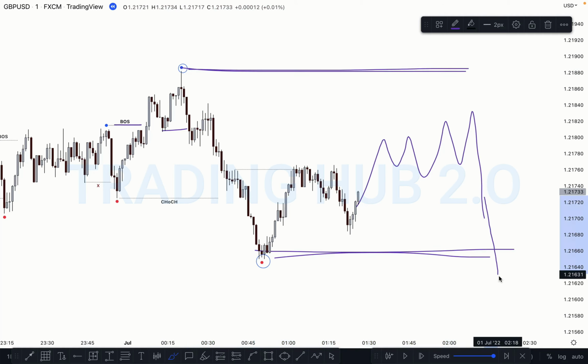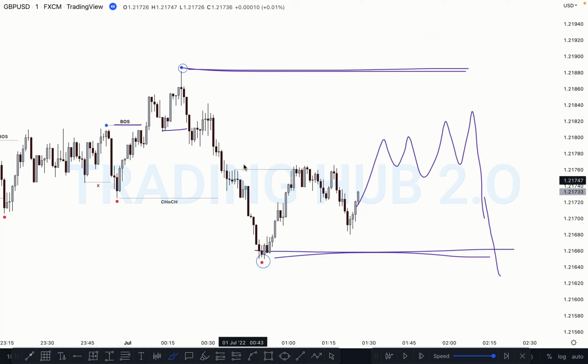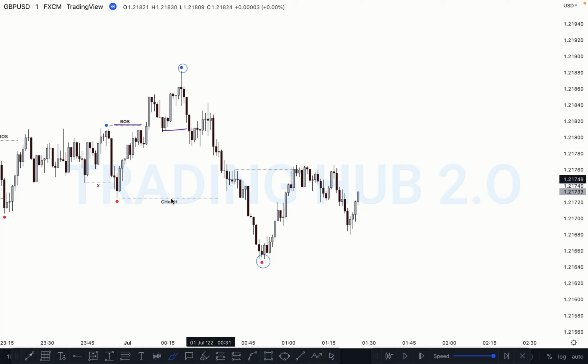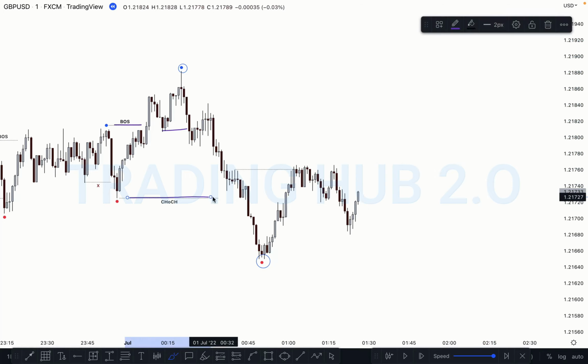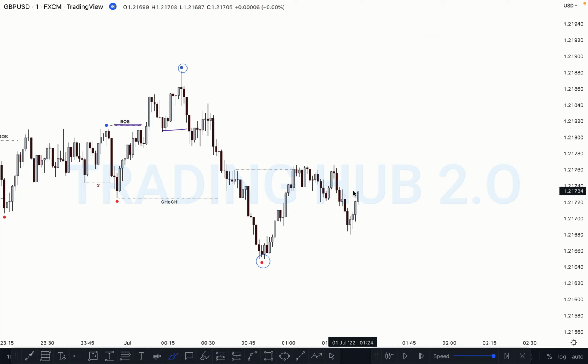So when the market breaks this low, then I would like to sell. If it breaks this high, then I would like to buy, actually, because this one is called a change of character. Okay, but even so the market is bearish. Because the market already shifted into bearish, I would probably like to sell. I'm more interested in selling. Okay, so let's see what happened next.